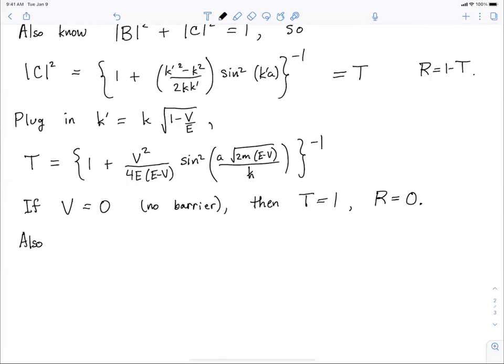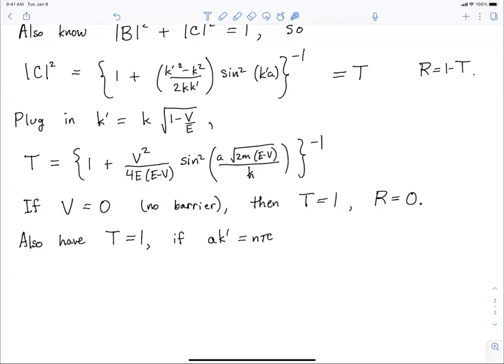We also have transmission coefficient of 1 if we just manage to make this sine function be 0, because if that's 0, then it's just 1 plus 0 reciprocal. And so sine functions can often be 0. What it takes is we need, well, one way of writing it is that a times k prime equals n times pi.